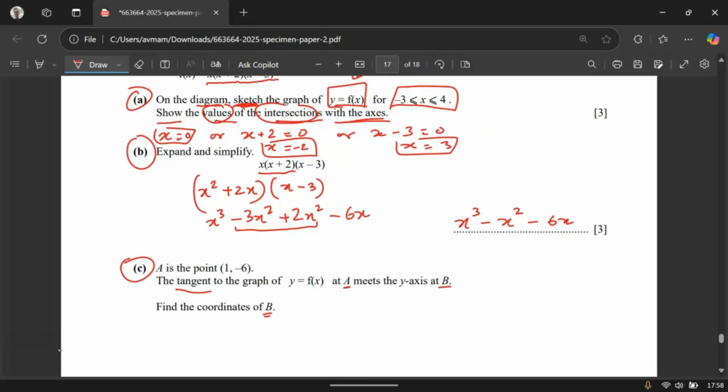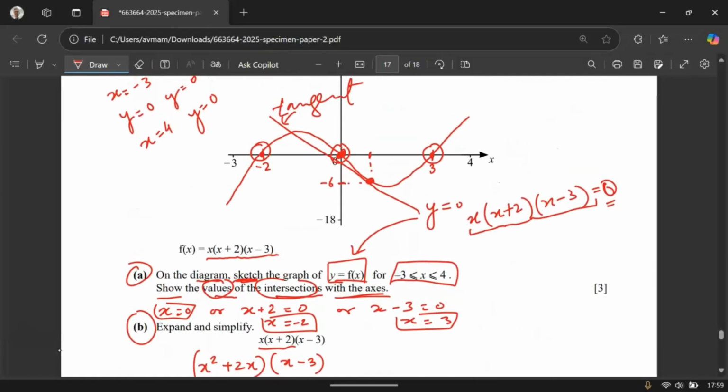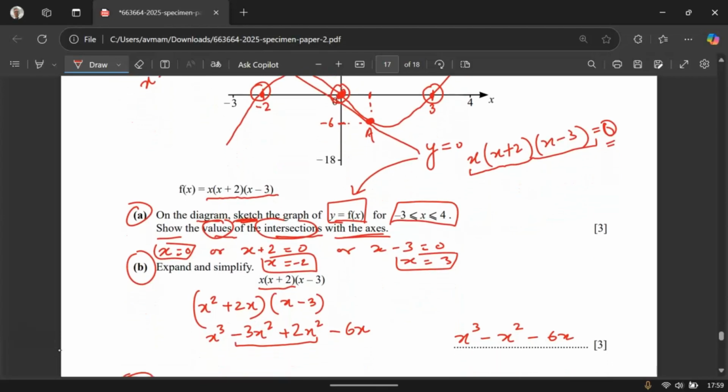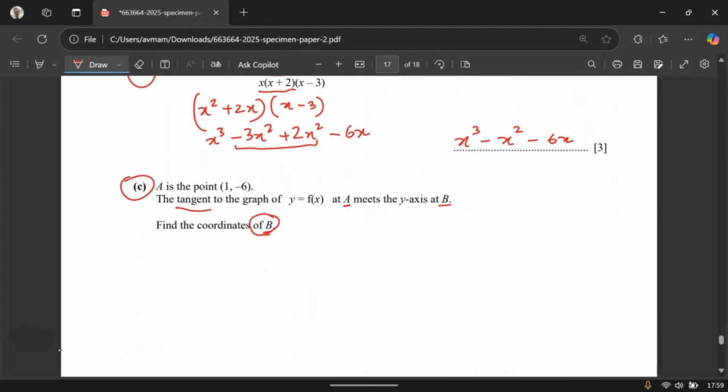Find the coordinates of B. We have already identified the point A. This is A, and then the tangent. Let's use the answer to part B, that is f of x is equal to x cubed minus x squared minus 6x.